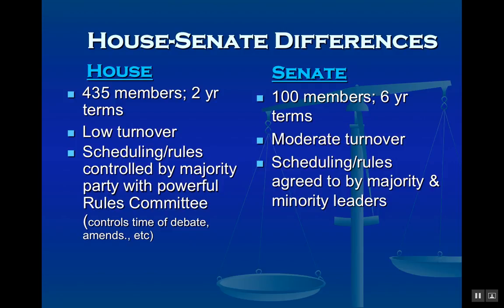But aside from that, the House of Representatives also has a low turnover, which means that folks that are elected as representatives tend to stick around for a while. They tend to get voted in fairly frequently, tend to get reelected. So there's not this rotating band of people all of the time. Whereas in the Senate, they have a little bit more of a moderate turnover.